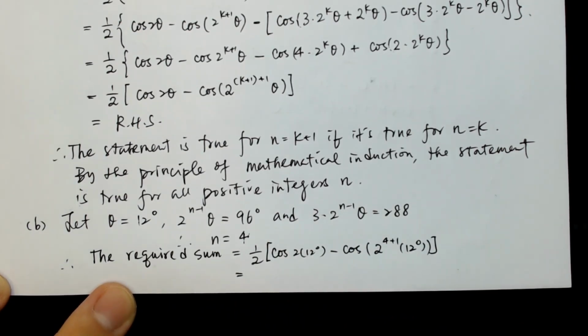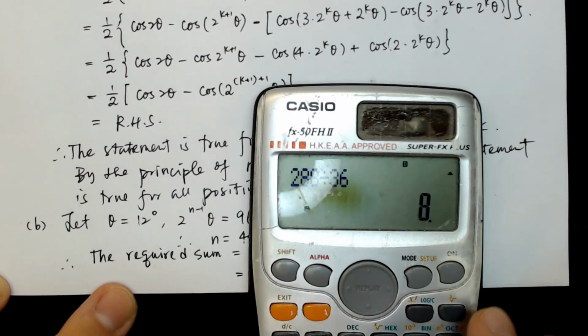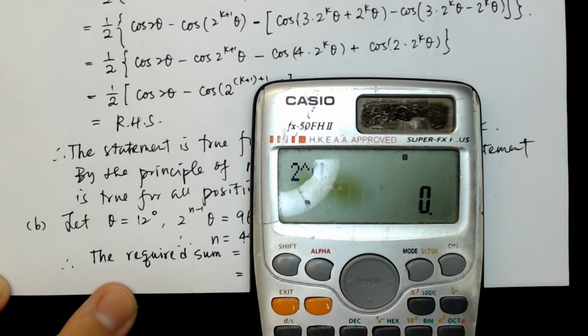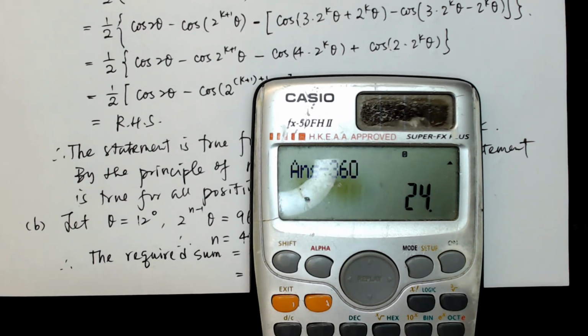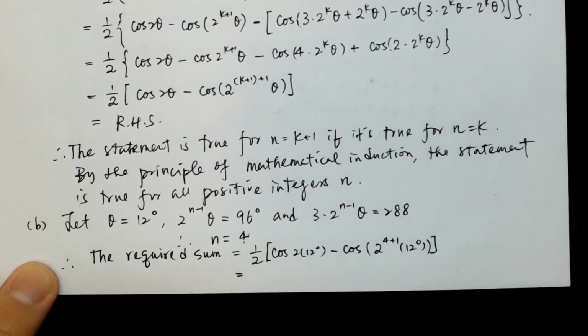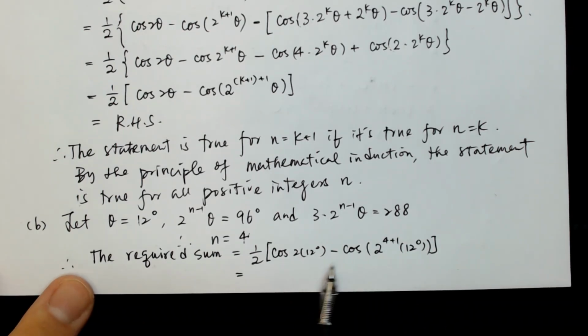And what is it? 2 to the power of 5 times 12 degrees is 384. It exceeds one whole circle, so we can reduce it by subtracting 360 degrees. Okay, and it's also 24, so you know that the result is 0. And actually, you can use your calculator to find the result. Okay, that is 0.